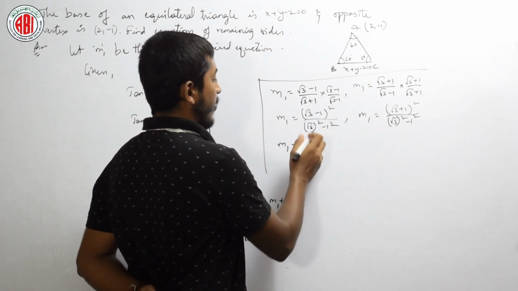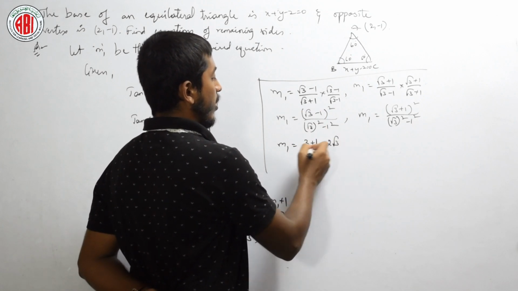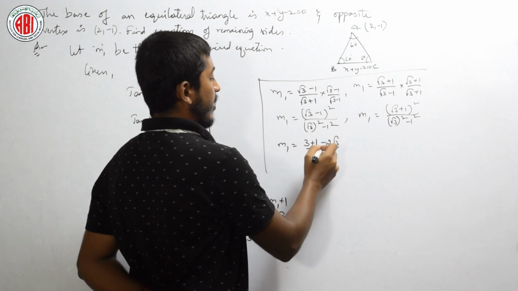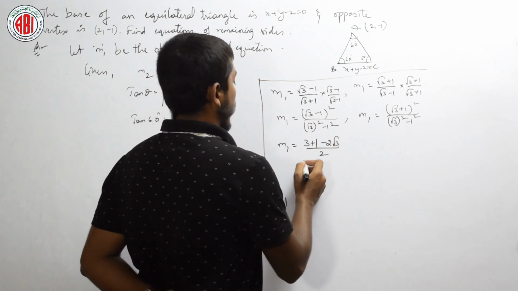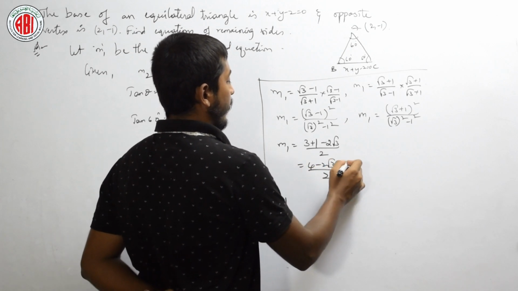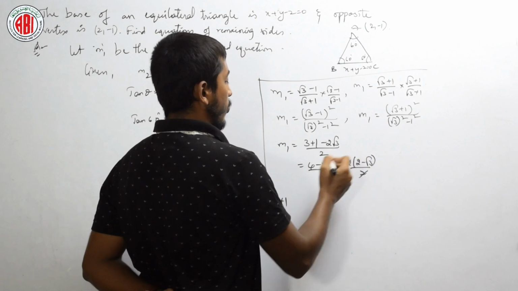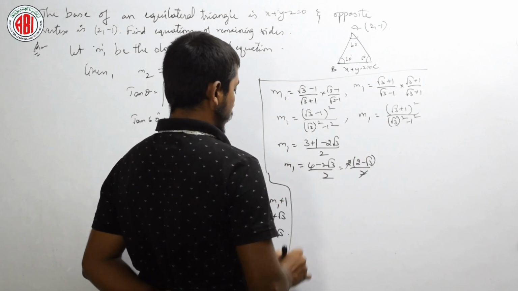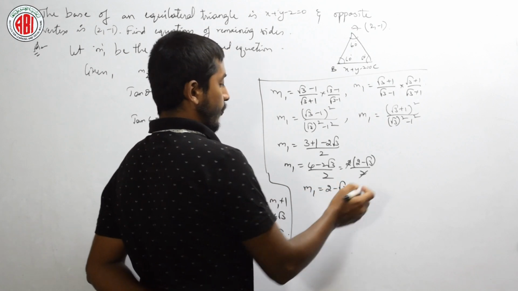A minus b whole square, a square plus b square minus 2ab, that is minus 2 root 3. Here root 3 square is 3, 3 minus 1 is 2. Okay. This becomes 4 minus 2 root 3 by 2. If we take 2 as common, it becomes 2 minus root 3 by 2. 2 gets cancelled. Therefore, we get m1 is equal to 2 minus root 3.